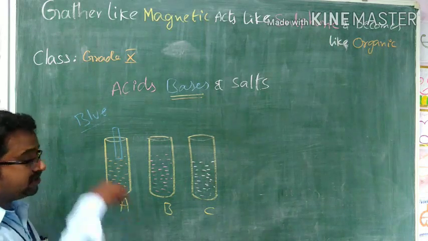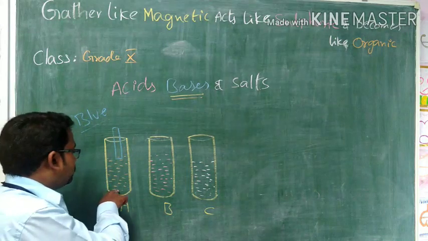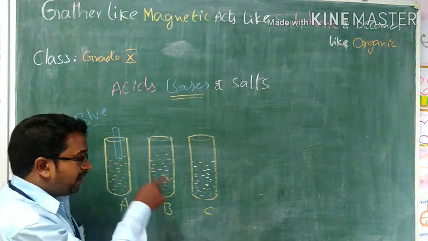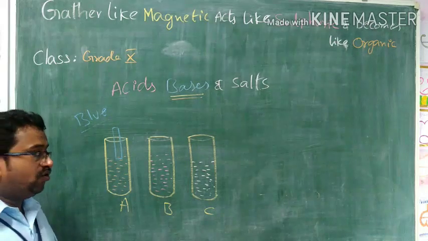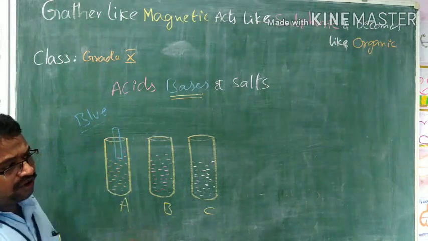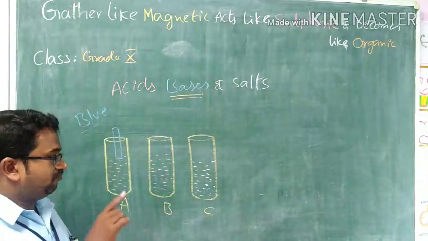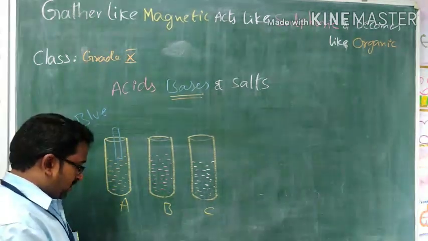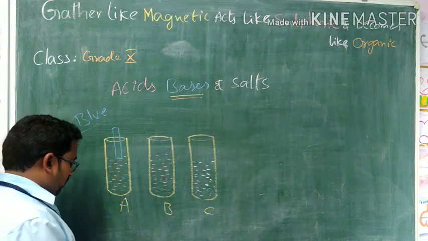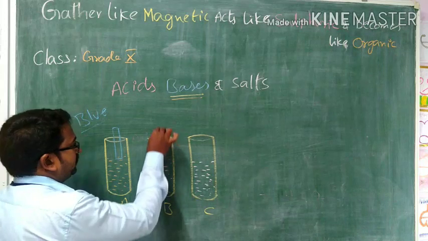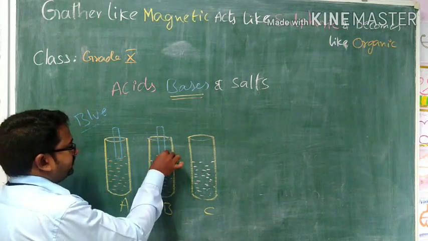So there may be some chance that A may be a base or may be neutral. Don't forget, litmus solution may be in the purple color for the neutral solutions. Okay, not the paper. Right. Now again I insert this blue litmus paper into the B solution.